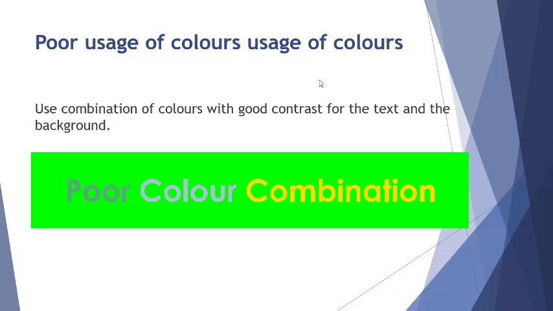So you don't do this. This is wrong. And imagine the situation whereby readers have to read this for a very long time. Of course, this is not appealing. It's not readable at all. So you try to avoid this.